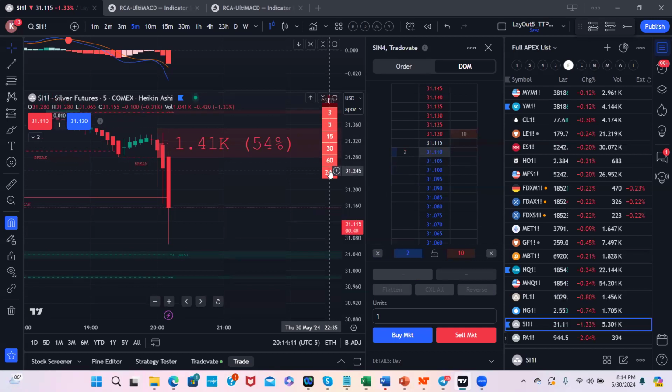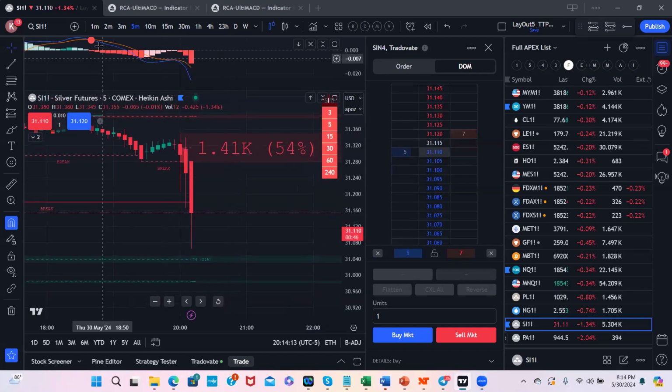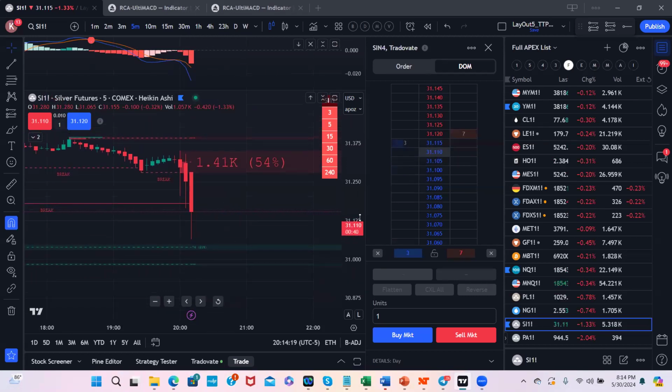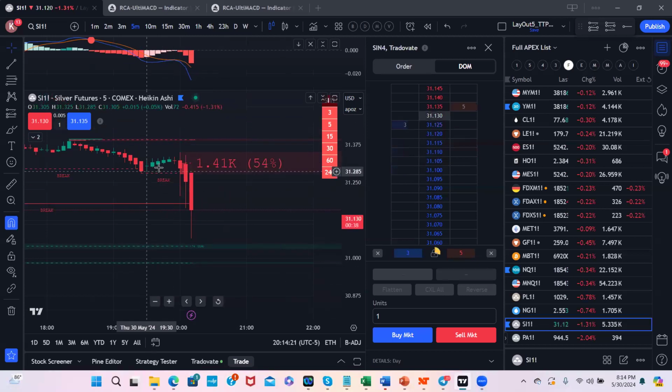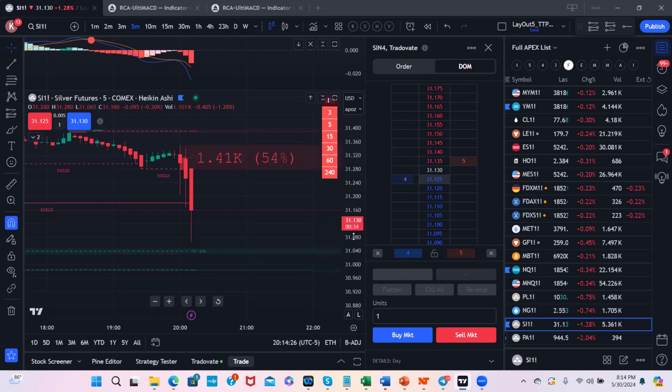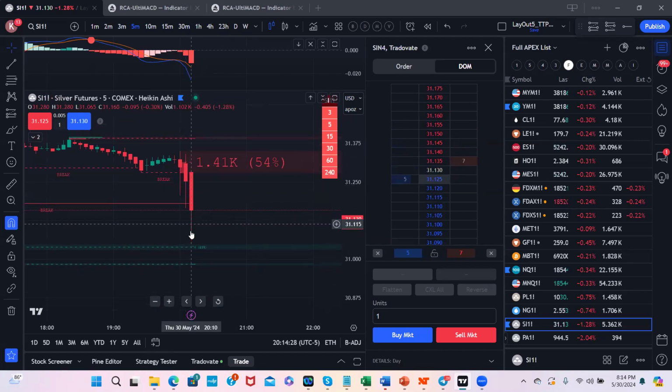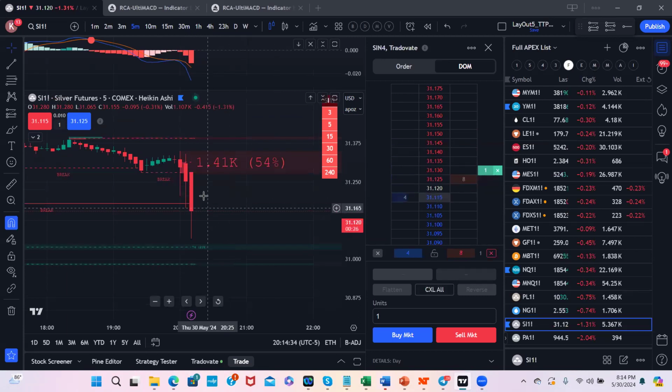In all the time frames it is bearish, and you got a sell signal here, and there is a big sell order here, 1.4 thousand sell order. So it tried to go up, touched that, and then started dropping. So immediately I took a short position and I closed it. Still, it can go touch this point or this point and then bounce back.